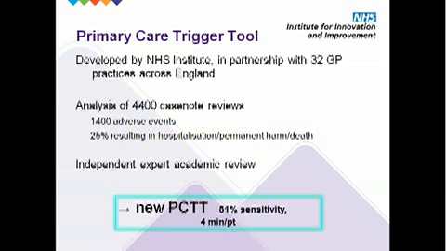And so this new primary care trigger tool, which is now able to be launched publicly, has an 81% sensitivity for adverse events, which is very encouraging and certainly performing better, for example, than staff reporting, which has probably less than 5% sensitivity. And it takes roughly 4 minutes per patient to do a casenote review using the trigger tool.